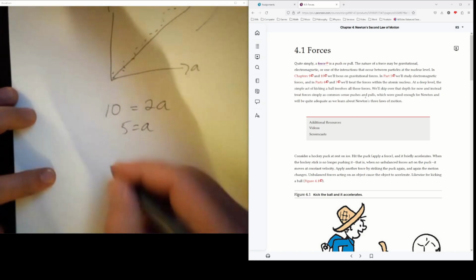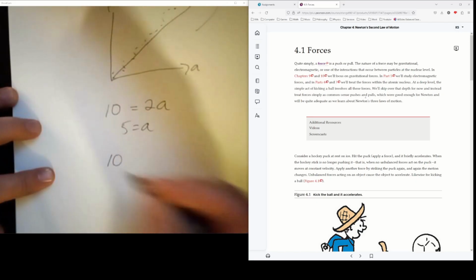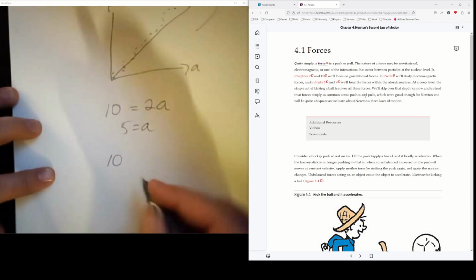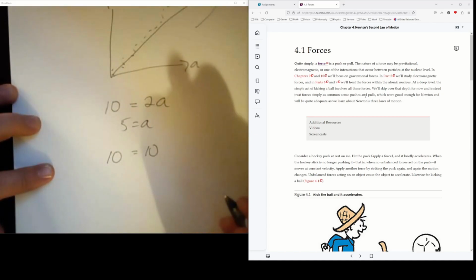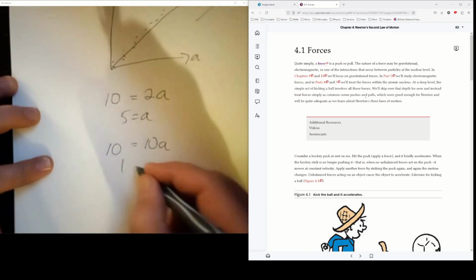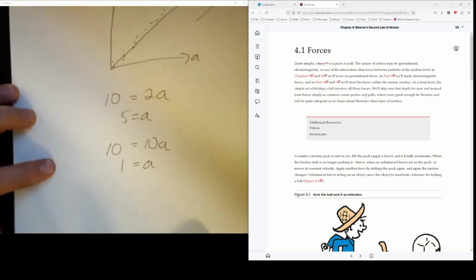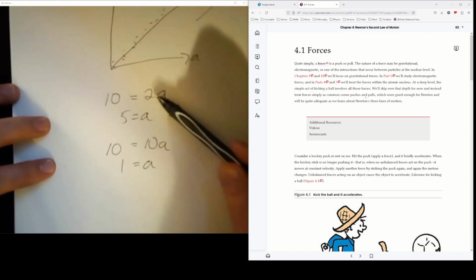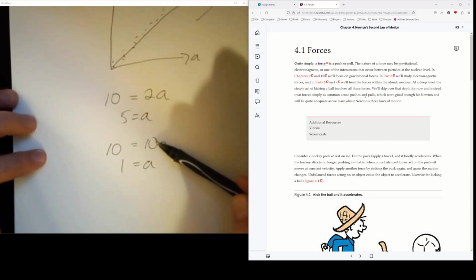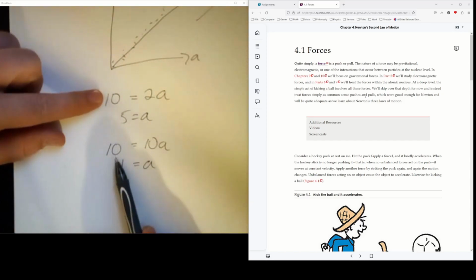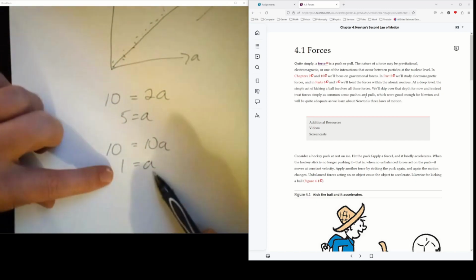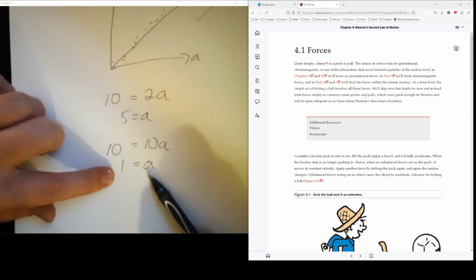But if you apply that same amount of force and something is a lot heavier, maybe 10 kilograms, well, then we see the acceleration is only 1. So mass is a measure of your resistance to motion. The same force being applied, 10 newtons, but the more massive you are, the less acceleration you'll experience from that.